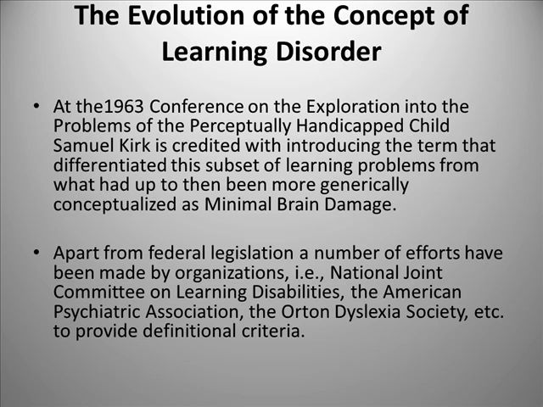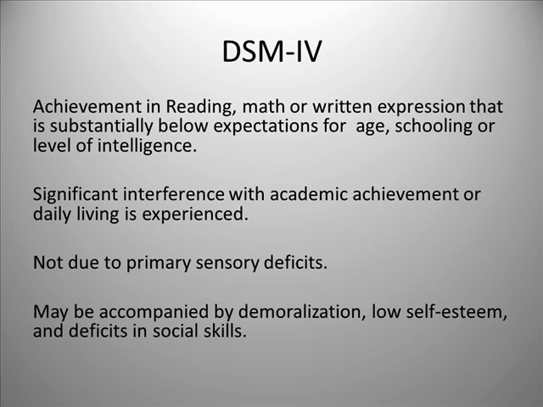Lots of societies have their own working definition of learning disorders, and we're going to be working mainly from DSM. DSM is going to change in a couple of weeks, and we've got some definite revisions around the original criteria that we'll talk about near the end of the discussion.